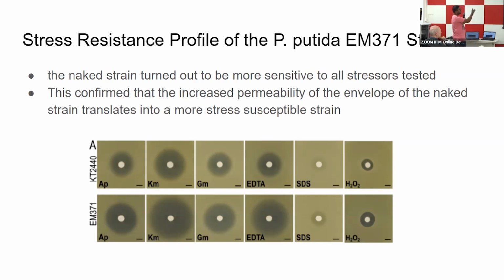So we can see that parent strain can resist more, but the modified strain is more sensitive to all the stressors which are checked here. So it also shows that if modified strain is more permeable, it is more sensitive also.